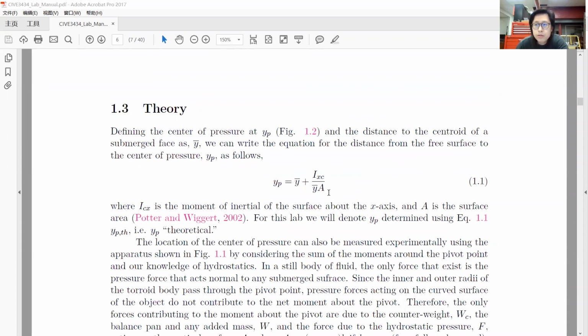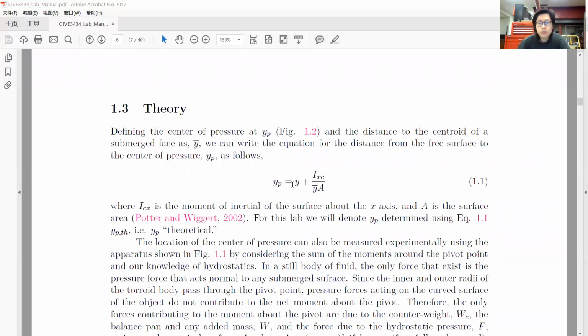Okay, as you can see, this is the equation of the theoretical center of pressure, and I think all of you may be very familiar with that because in homework 2 there are one or two questions related to this one.